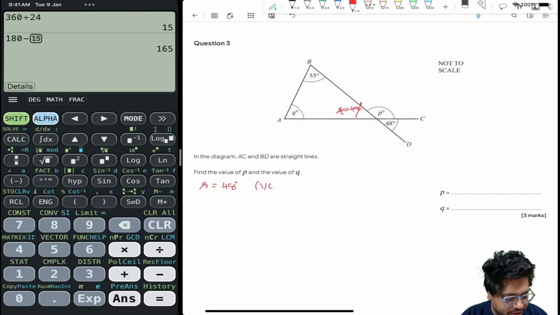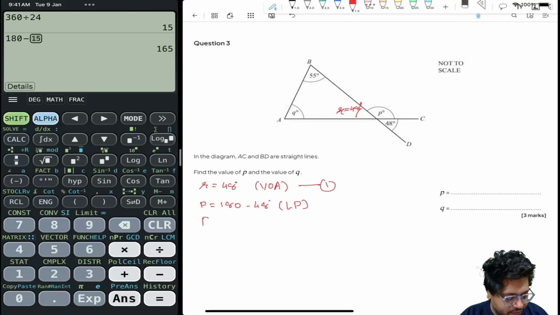Reason is vertically opposite angles. Here I am using the short name VOA, but in the exam you just write the whole thing, vertically opposite angles. Now you see P will be the linear pair of 48, right? So P is equal to 180 minus 48, and the reason is linear pair.